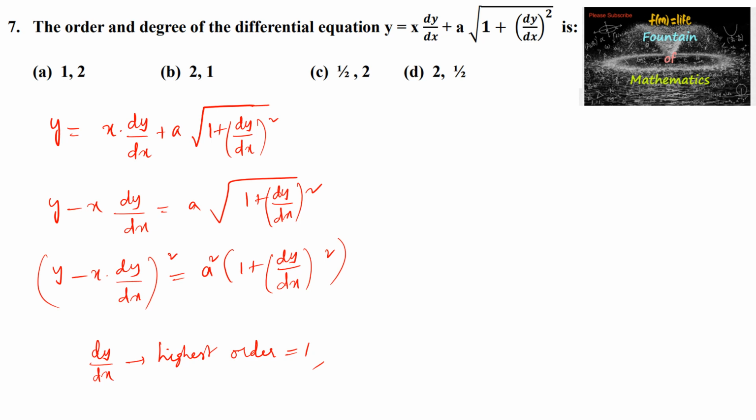So the power of the highest order derivative dy/dx in the equation is 2. So the degree is 2 and the order is 1. So (1, 2) is the answer, which is option A.